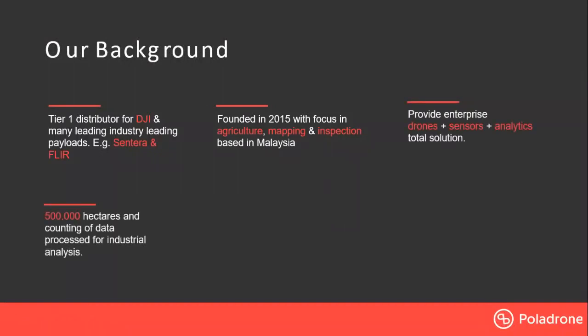As I said, we were founded in 2015, with a focus on agriculture mapping and inspections in Malaysia, by providing drones, sensors, and analytics to different kinds of companies, along with different solutions. Up to date, we have mapped around 500,000 hectares of land. We also have our own DIY drone, which is a spraying drone, and we have manufacturers to manufacture the DIY drones.